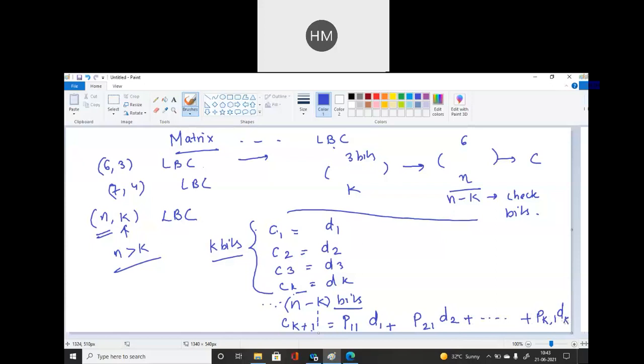Okay students? Now what am I doing? I am finding the next code word, that is C(k+1), by having some combination of the parity coefficients and the data bits. P11 is multiplied by D1. This is XORing. Then P21 D2. Then the last term Pk1 Dk. This is the C(k+1) bit. Has everyone written it? Have all completed this in their copies?